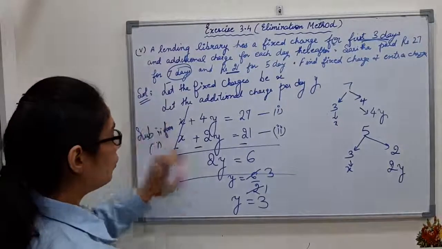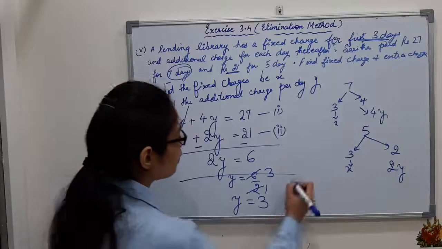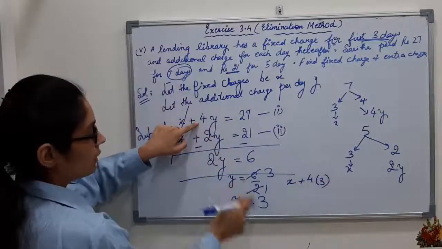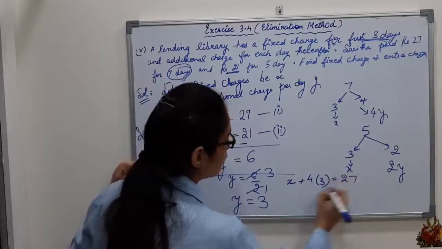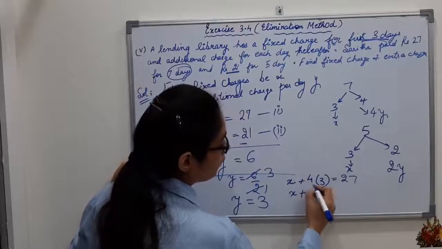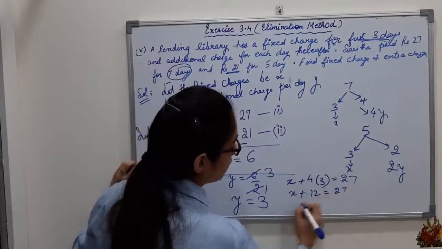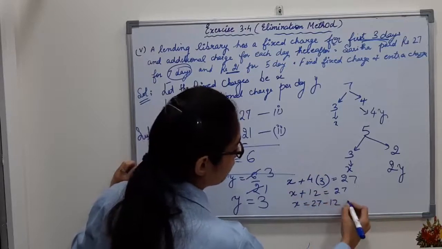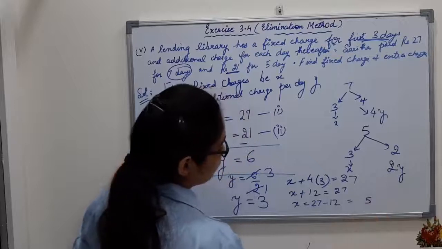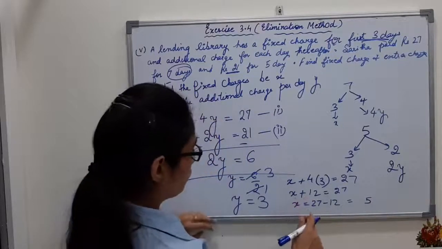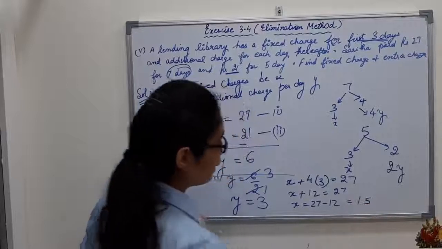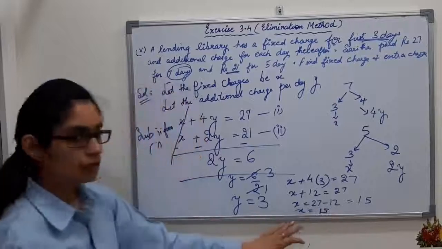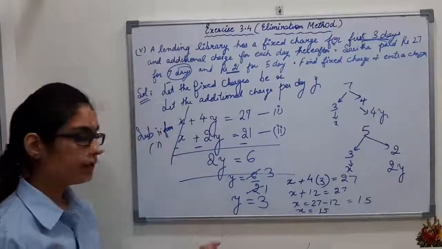So I'll put the value in any of the equations. x plus 4 into 3, because your y is 3, is equal to 27. x plus 3 into 4 is 12, is equal to 27. x is equal to 27 minus 12, it is 15 rupees.